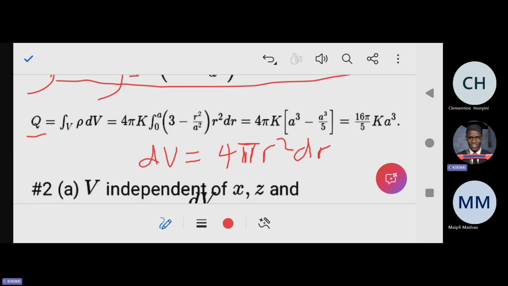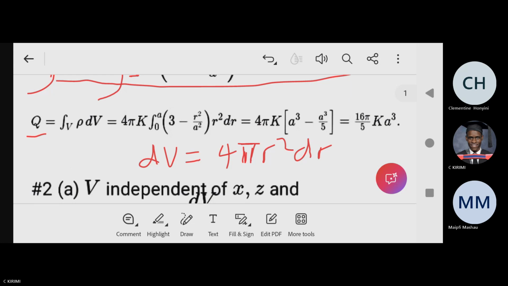If I'm to ask you, my, what happened? My Phy and Clementine, is Clementine there? She's quiet nowadays. So what's happened?